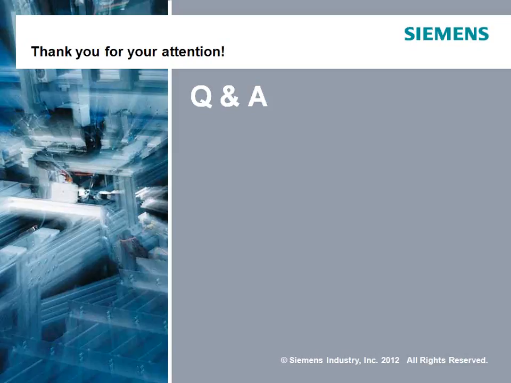It is not the case that more complex is always better. We try to use the appropriate technology to provide the best solution, which is not necessarily the most complex solution.